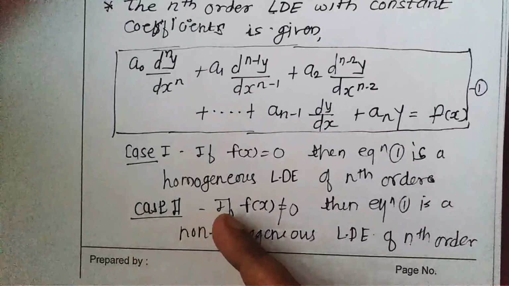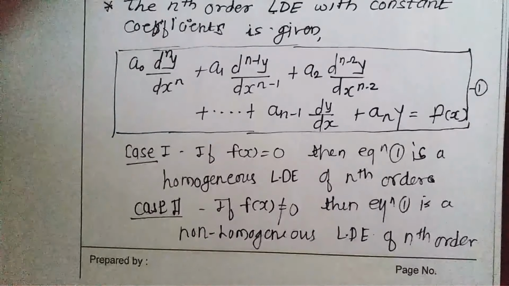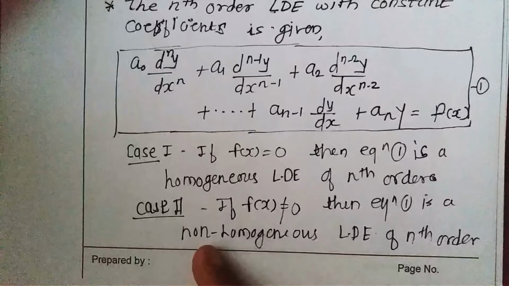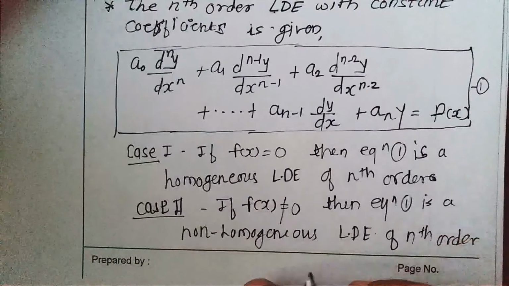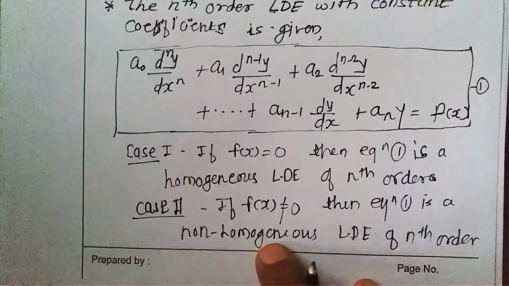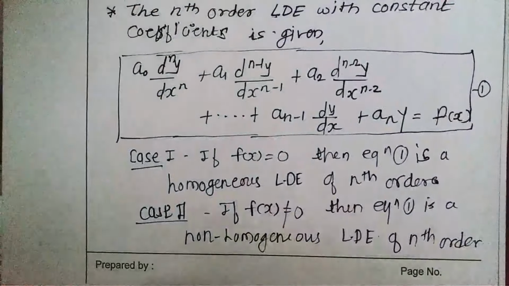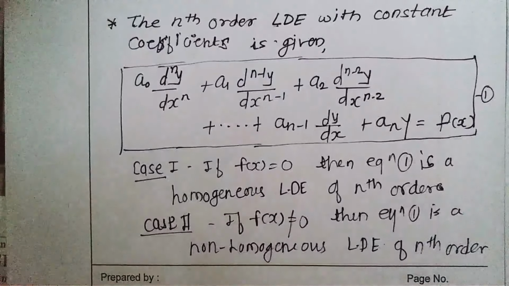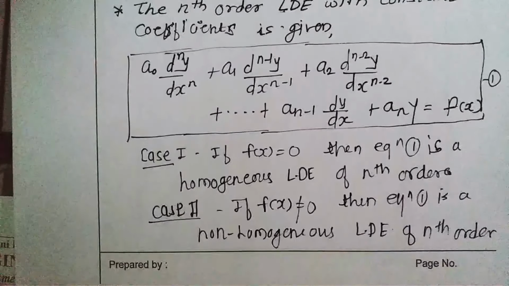And case 2: whenever we have a non-zero right hand side for a differential equation of nth order, then the differential equation is called a non-homogeneous linear differential equation of nth order. Means whenever it is not equal to 0, non-homogeneous; equal to 0, homogeneous, okay? In that way you can classify a linear differential equation of nth order in two parts, and we are going to solve these types of differential equations in coming topics.